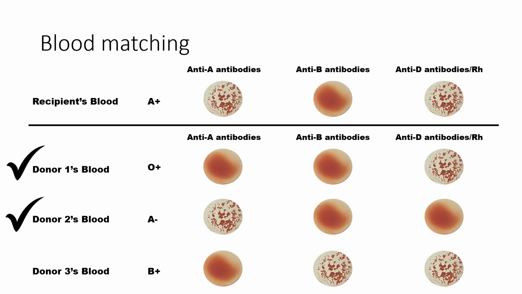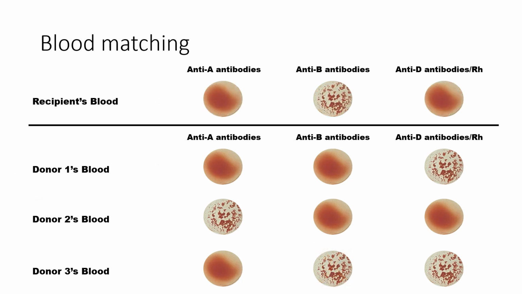So if we were to give donor 3's blood to our recipient, the presence of the B antigen on the donor's blood would create a reaction with the anti-B antibodies that are going to be present in our recipient's blood. And how do we know that our recipient has anti-B antibodies in it? Because their red blood cells lack antigen B. So for donor number 3, we got a problem right there, and donor number 3 is not a good match, but the other 2 are.